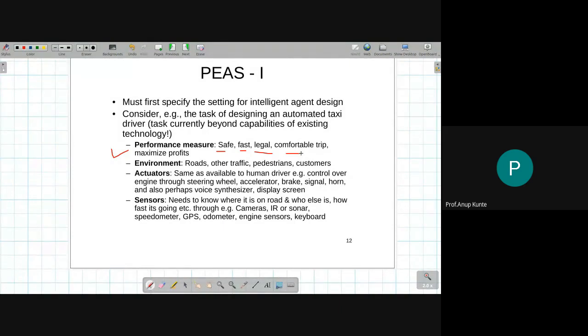The things we are learning, and again I'm telling you this repeatedly, the PEAS description is going to describe the task environment. So you need to know what task at hand you are trying to model as an AI system, and you need to restrict yourself to doing the analysis only for that particular task and not for a generic system.